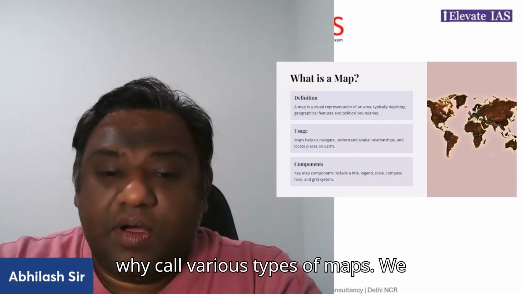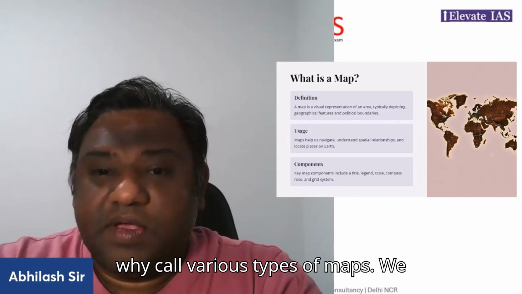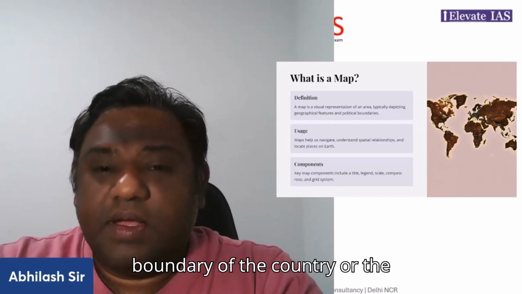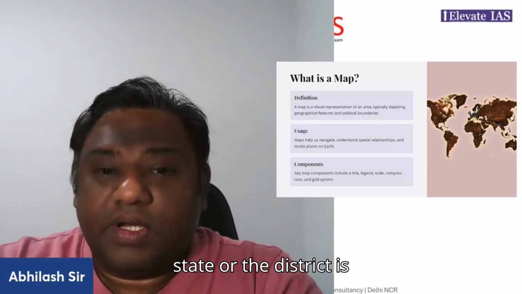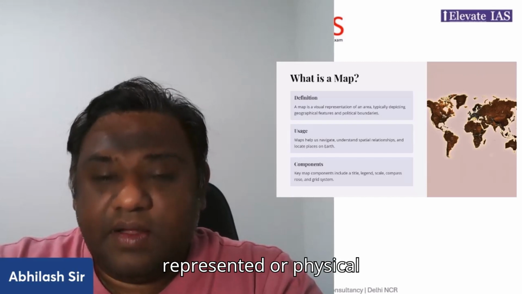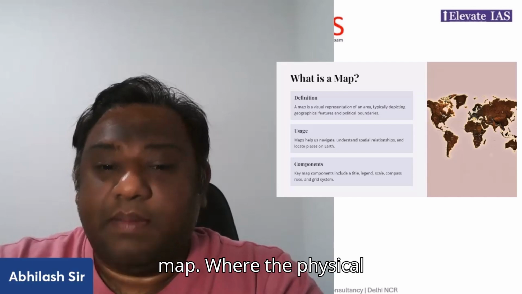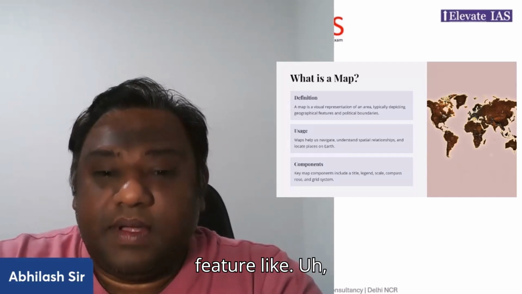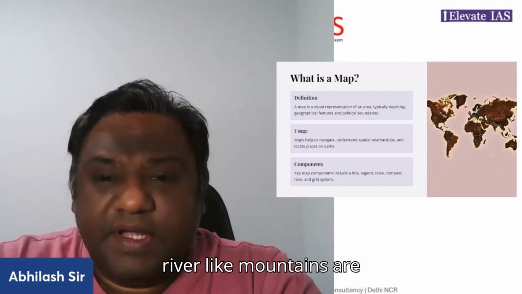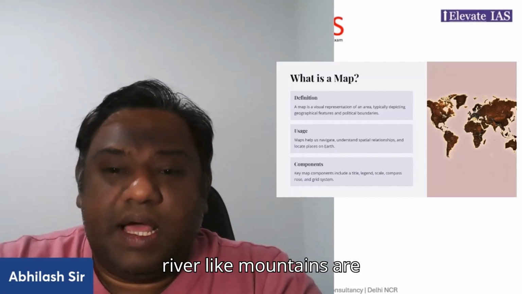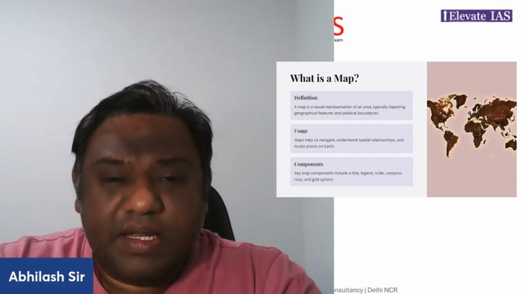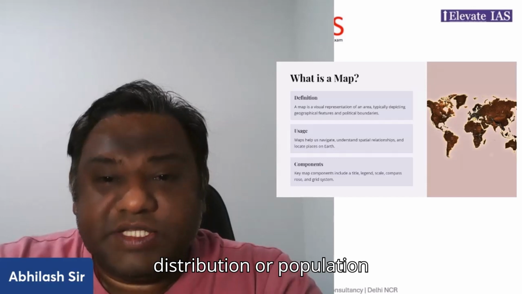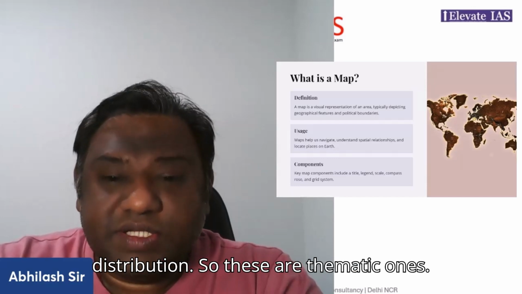So we have various types of maps. We call them political maps, where the boundary of the country, state or district is represented; physical maps, where physical features like rivers and mountains are mentioned; or thematic maps, for example heat distribution or population distribution.